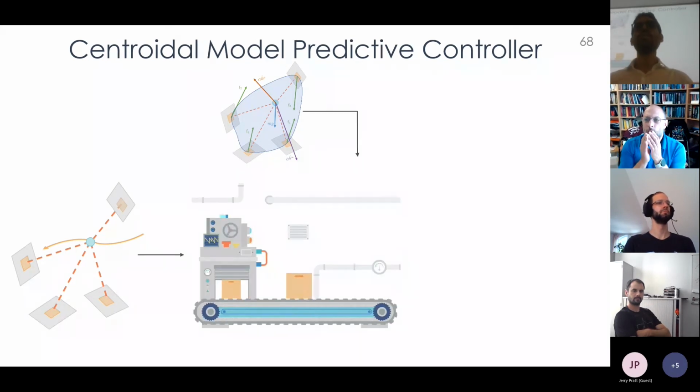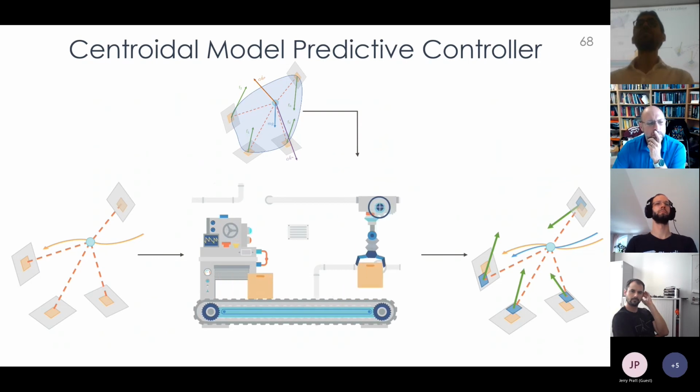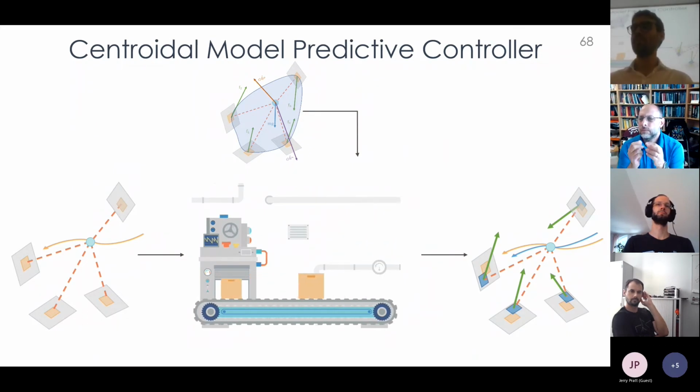The main idea here is to combine these two pieces of information in a sort of machine, and this machine should generate some outputs that are the feasible contact forces, should adjust automatically the position of the footstep, and in general, it will generate feasible center of mass trajectory and angular momentum trajectory.